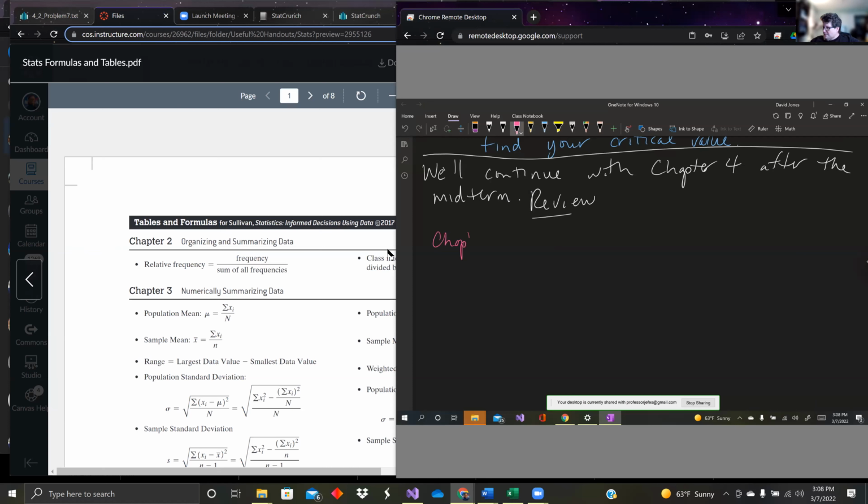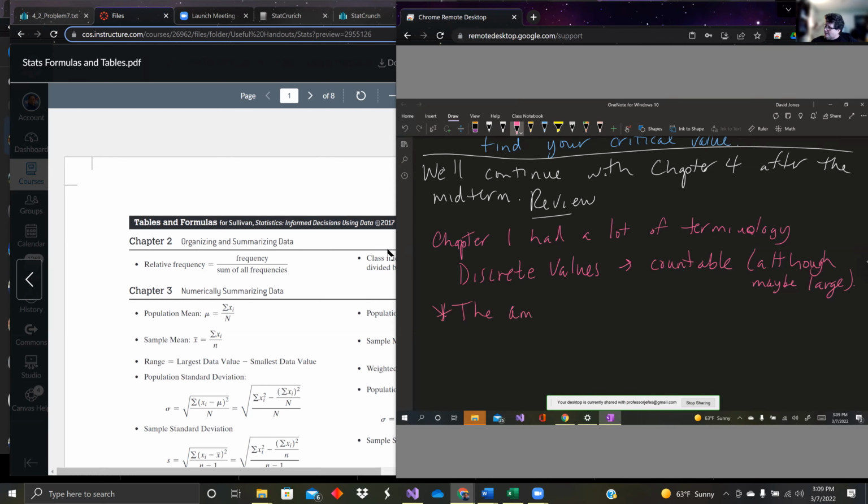So chapter 1, we talked about terminology. We talked about discrete values. These were countable, although maybe really large, like the amount of money Elon Musk has.